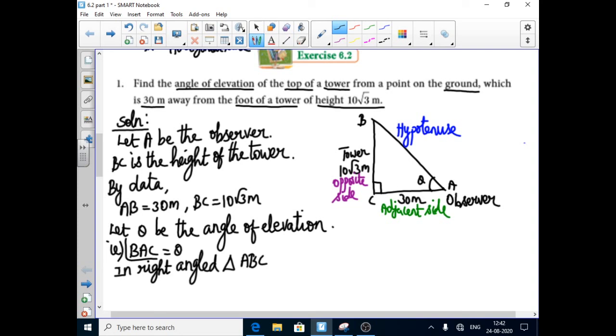So write it as ACB. That means here you are having AB equal to BC, that is 10 root 3.